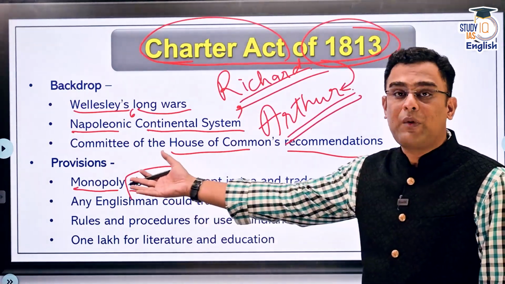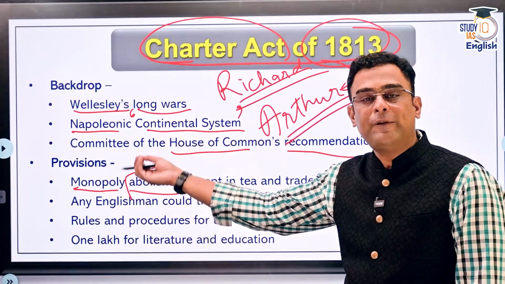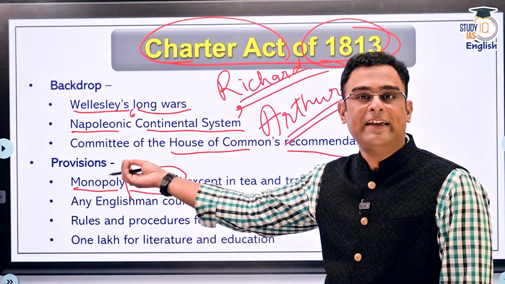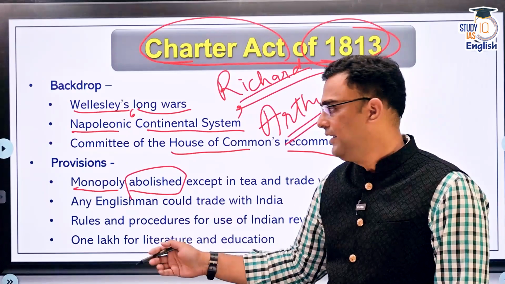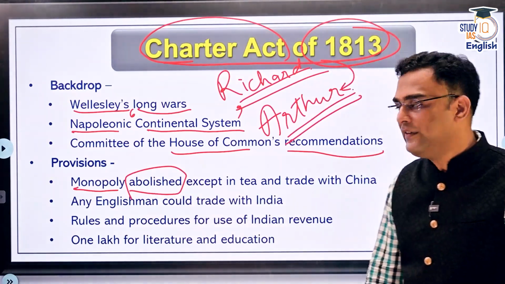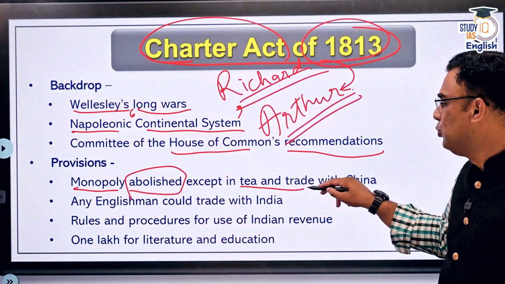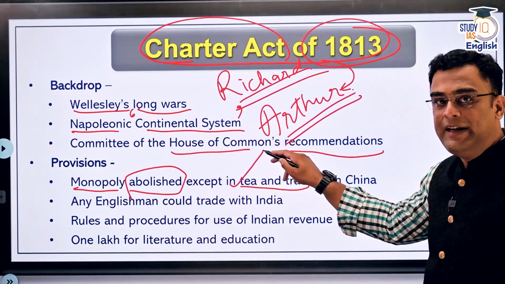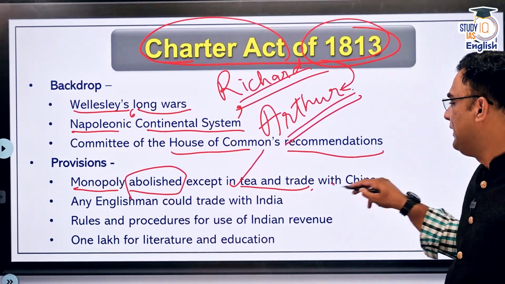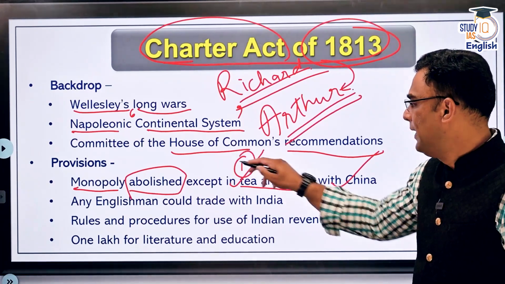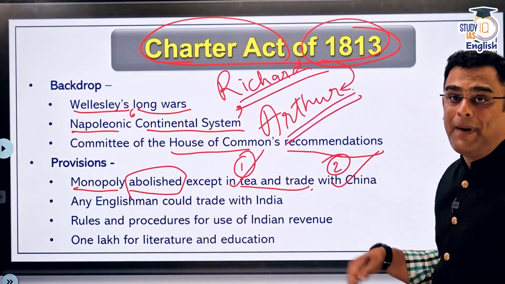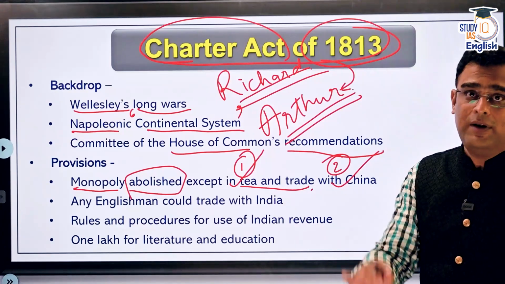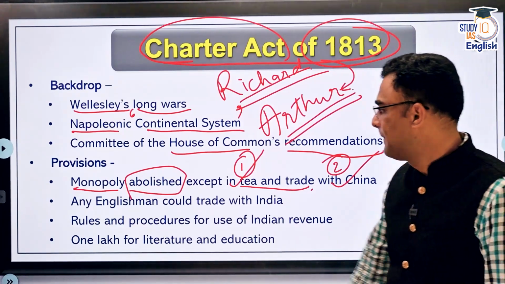And therefore, the concept of giving monopoly to one company is being excessively and harshly criticized. So the Charter Act abolishes this monopoly except in two things: trade in tea and trade with China. 1 and 2. Apart from this, there is no exclusivity for EIC.